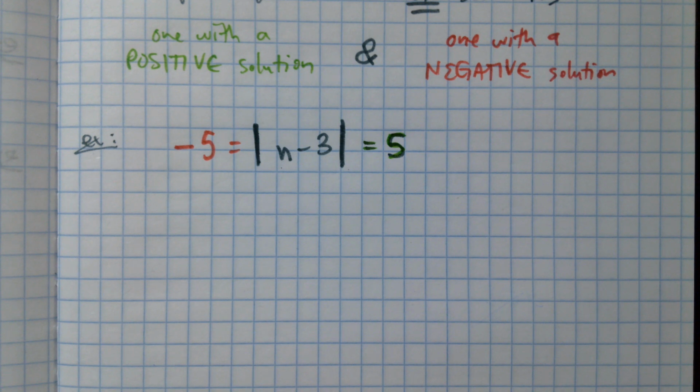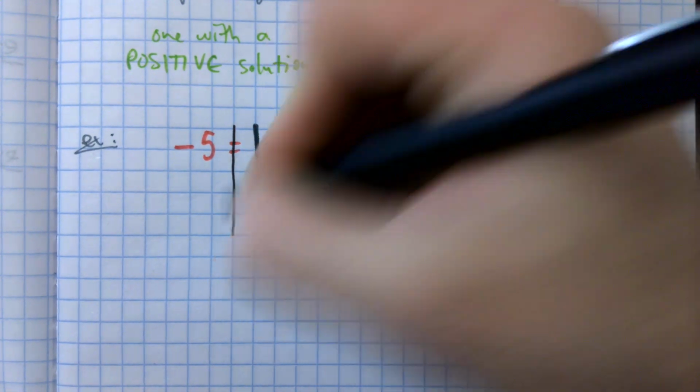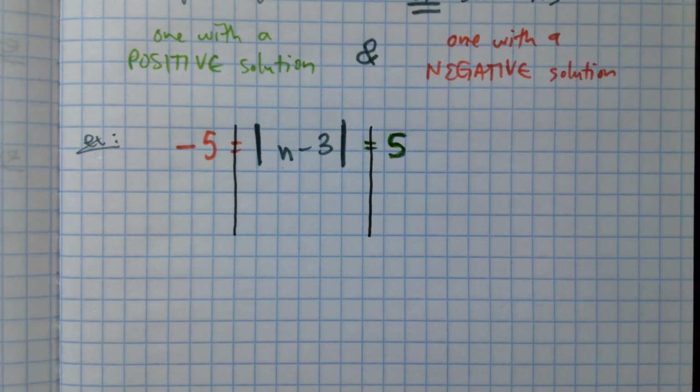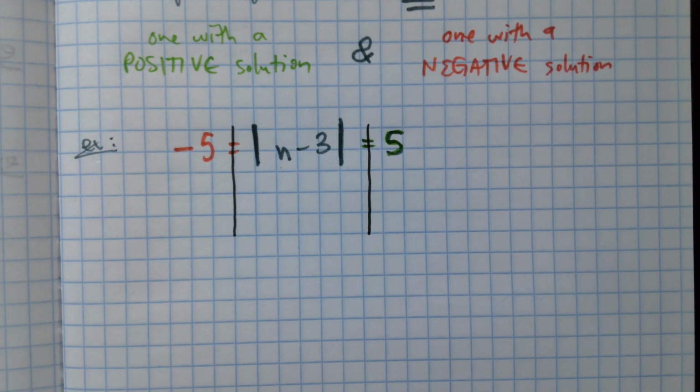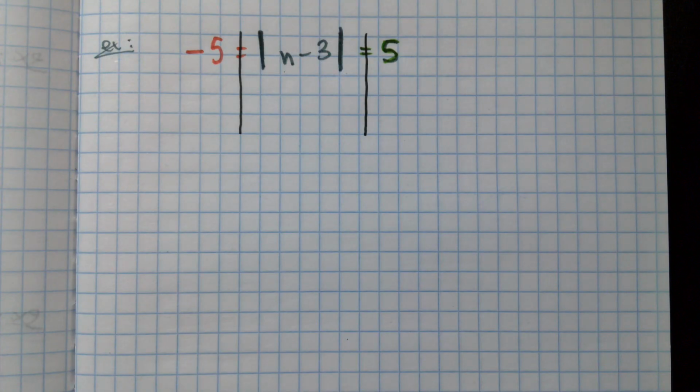What do I normally do with an equal sign when I'm about to solve an equation? I draw my line down it. But this time I have 2 equal signs that I'm going to draw my lines down. Now, when we do this, we're going to pretend the absolute value signs are not there.